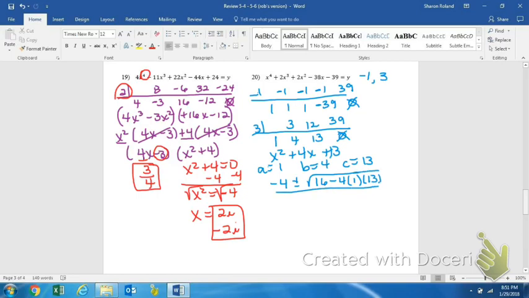All of that's over 2a, which is 2. Okay, 16 minus 52 is negative 36, so that's negative 4 plus or minus the square root of negative 36 all over 2. Well, that negative is written on the outside as an i, but the square root of 36 is 6. So that's negative 4 plus or minus 6i all over 2.